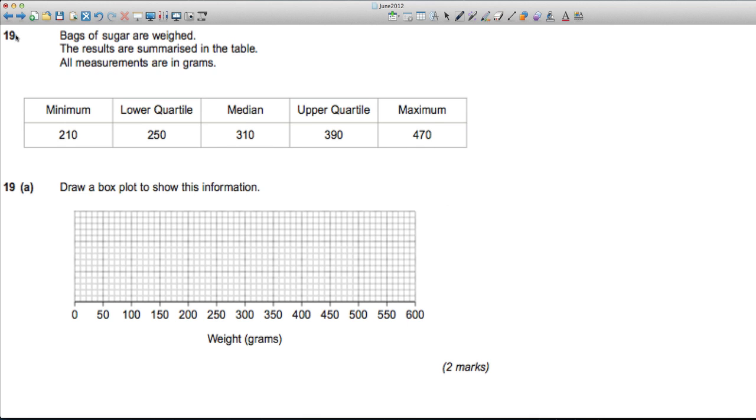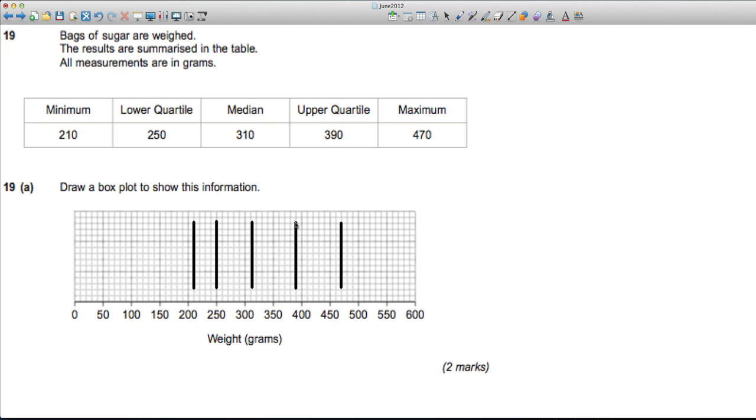Next question. Bags of sugar are weighed. The results are summarised in the table. All measurements are given in grams. Draw a box plot to show this information. The minimum is 210, so let's do a little bar at 210. The maximum is 470, which should be somewhere like this. The lower quartile is 250, and the median is 310, and the upper quartile is 390.